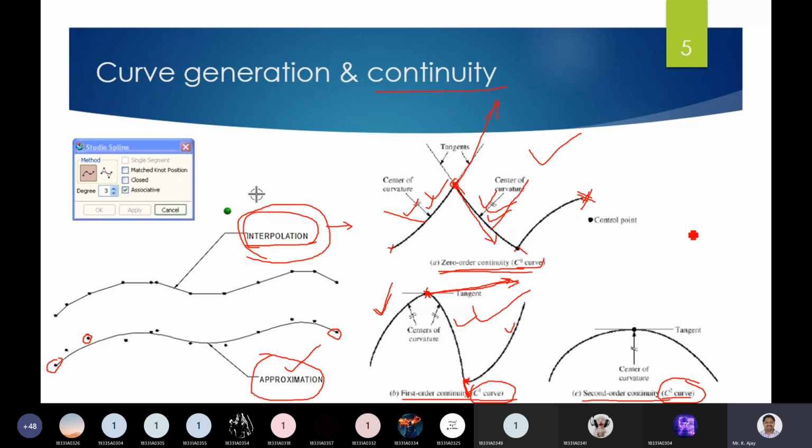What do you mean by that? For example, I am drawing a small circle, and I am drawing a big circle, okay, and both the circles have a common point. They are touching each other.